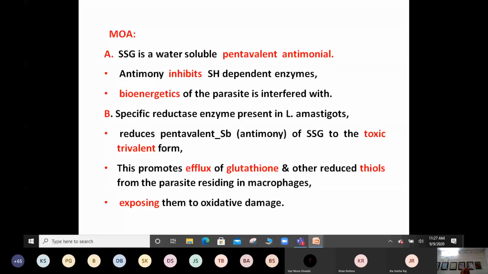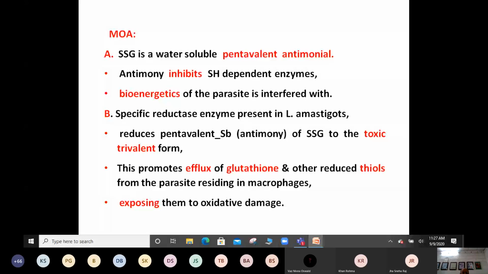So there are two types of mechanism of action. First, it will inhibit the sulfhydryl group of enzymes, which will interfere with the generation of bioenergetics in the parasite.